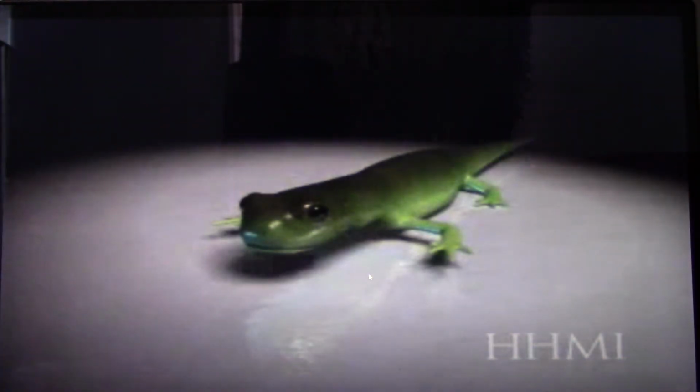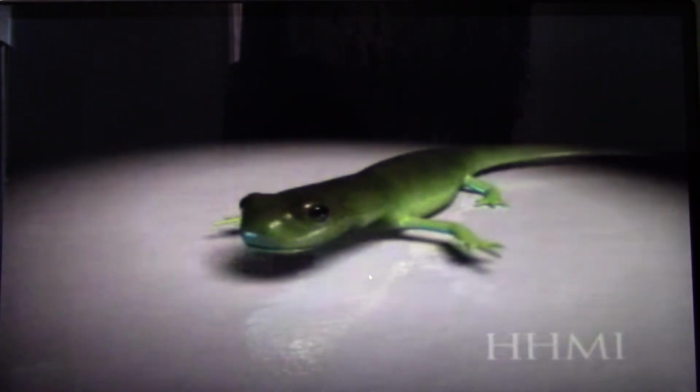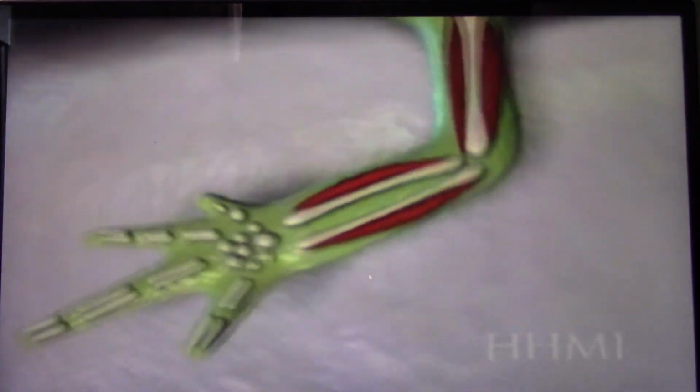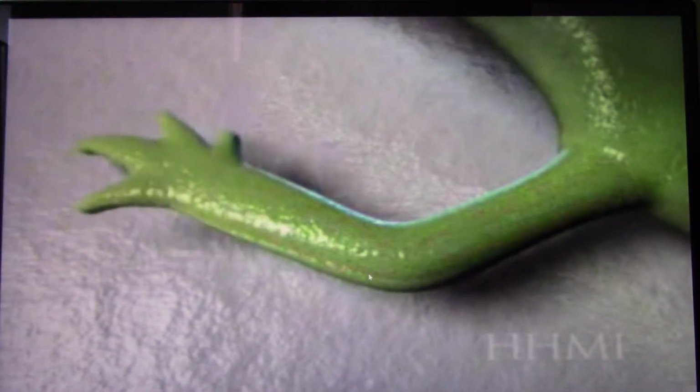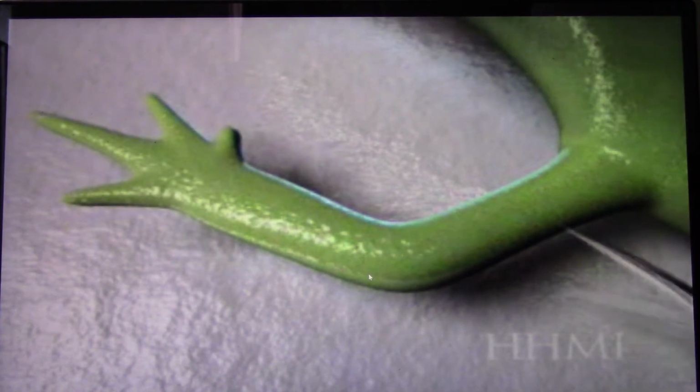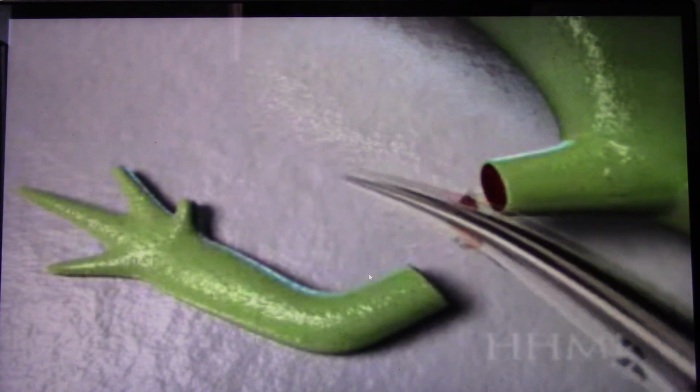That's a time-lapse movie, watching that thing grow. And now we're going to see what's really going on. Here's the salamander, and it's got a completely new limb. It looks perfect. It has inside bone, it has nerves and muscle, and it can even wiggle. In fact, it's perfect. Now we're going to cut it off.